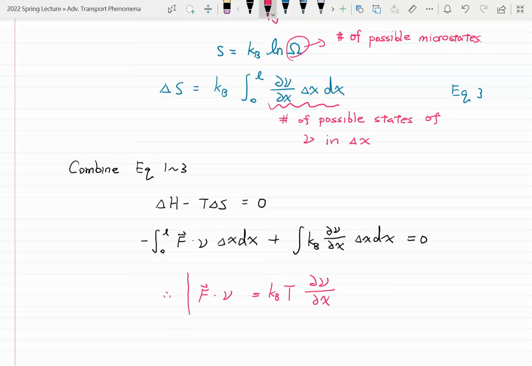So this is our first important conclusion here. And let's call this equation 4.